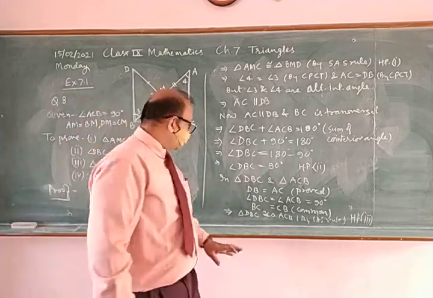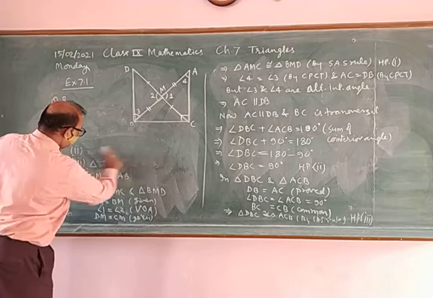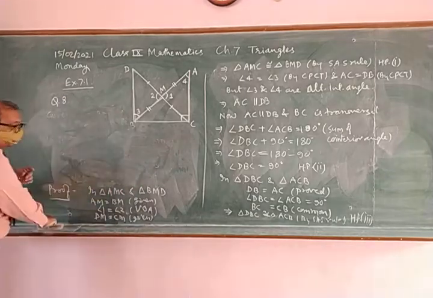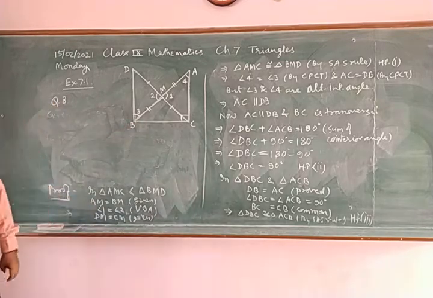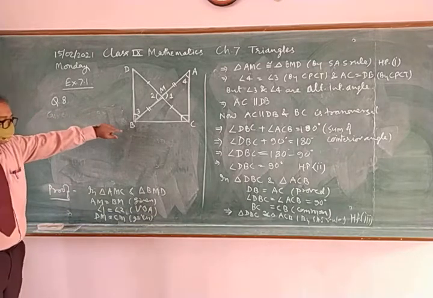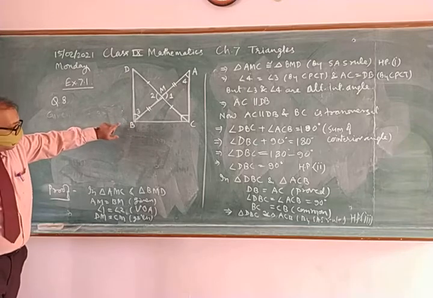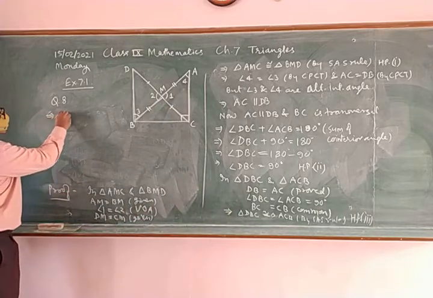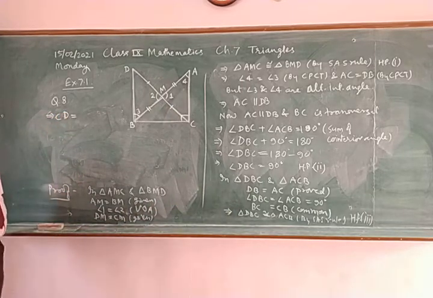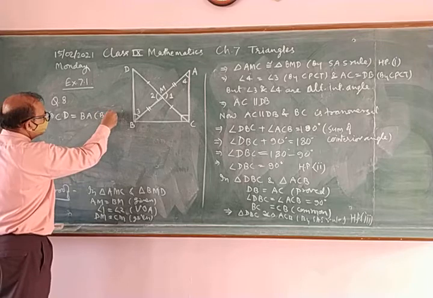Therefore, these two are congruent, which means CD is equal to AB. CD is equal to AB by CPCT.